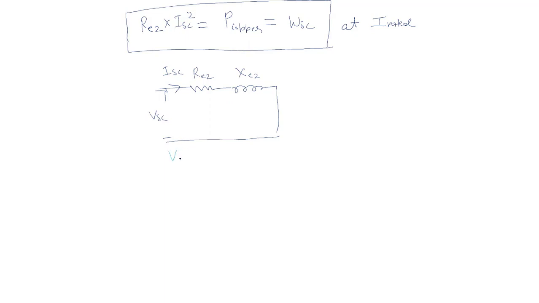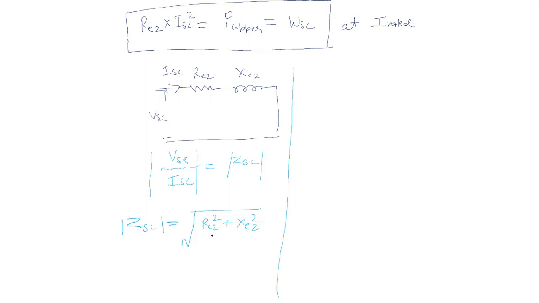We know that V short circuit upon I short circuit must be equal to the magnitude of Z short circuit. In this diagram, Z short circuit magnitude is nothing but the square root of RE2 square plus XE2 square.